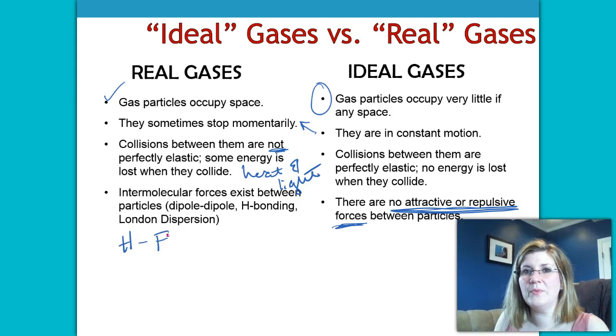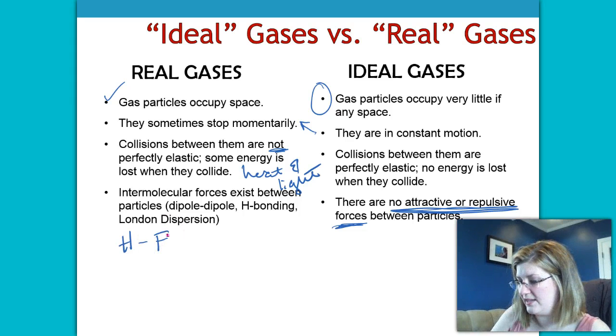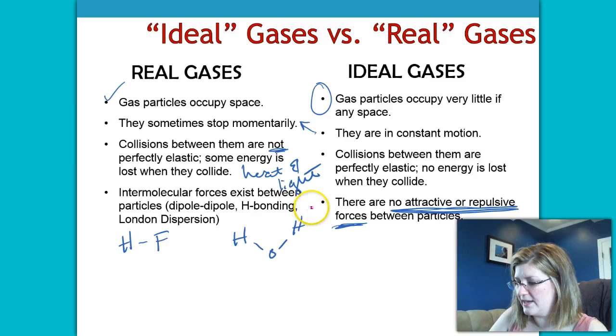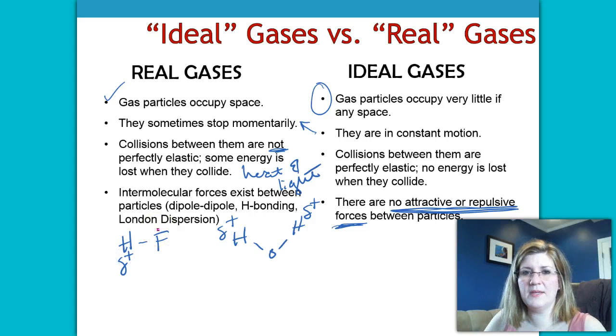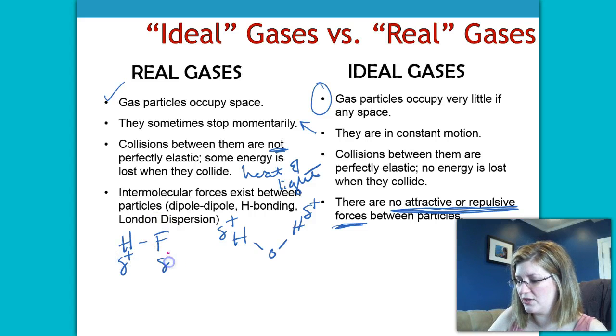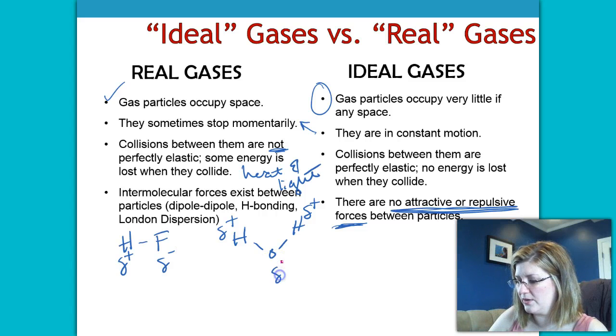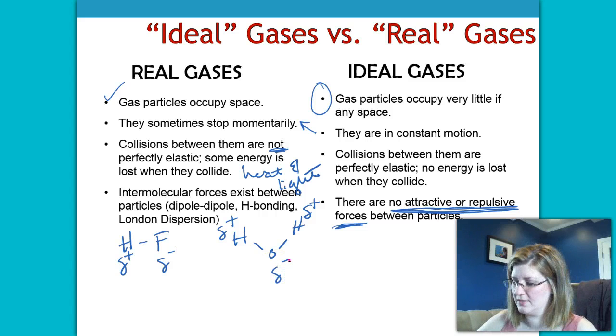We said when we have H in anything, and we can also look at water, H2O. Hydrogen is going to take on that partial positive charge. They end up acting really like ions, because then we have a partial negative charge on the other very electronegative atom, in this case either fluorine or oxygen, and nitrogen does this as well.